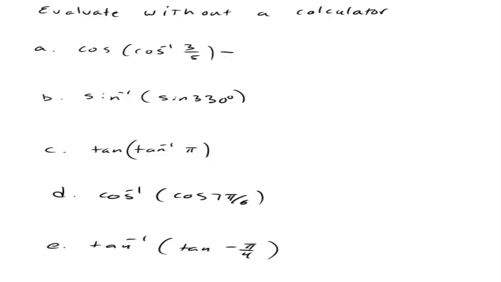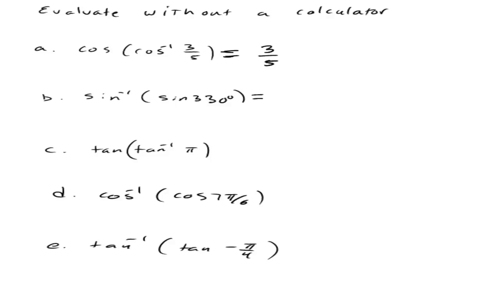For this first one, I want to find the cosine of cosine inverse of 3/5. Well, this is equal to 3/5 because remember, as long as this number is in the domain of the inverse function, and it is. The domain of the inverse function was minus 1 to 1, so since 3/5 is between minus 1 and 1, it's 3/5.